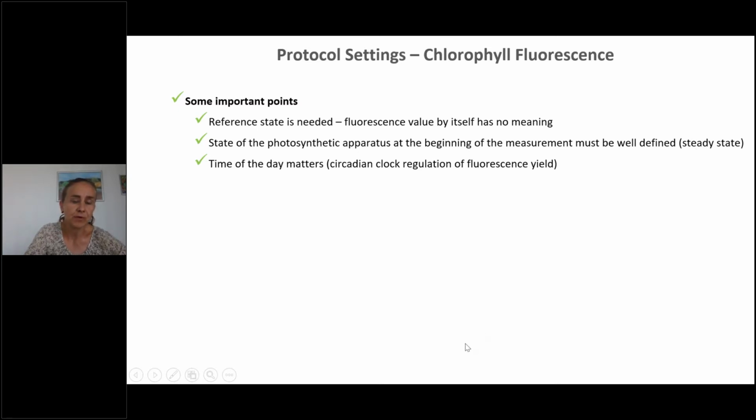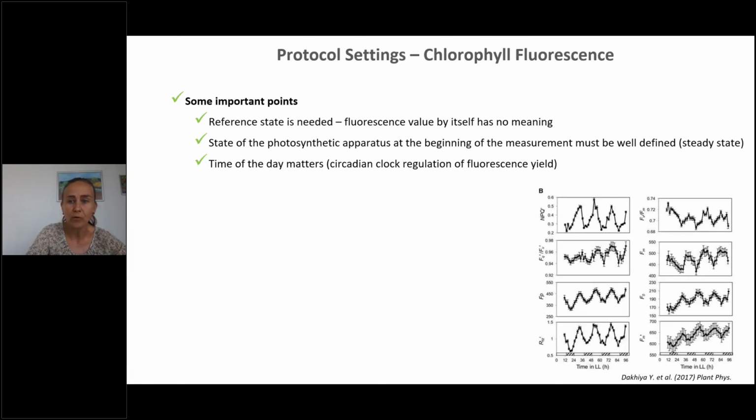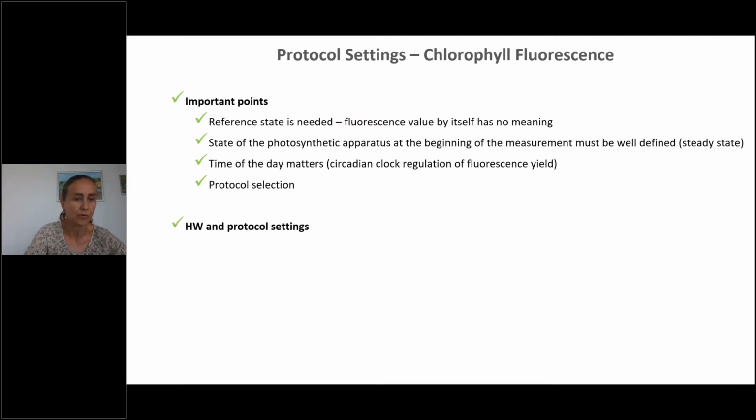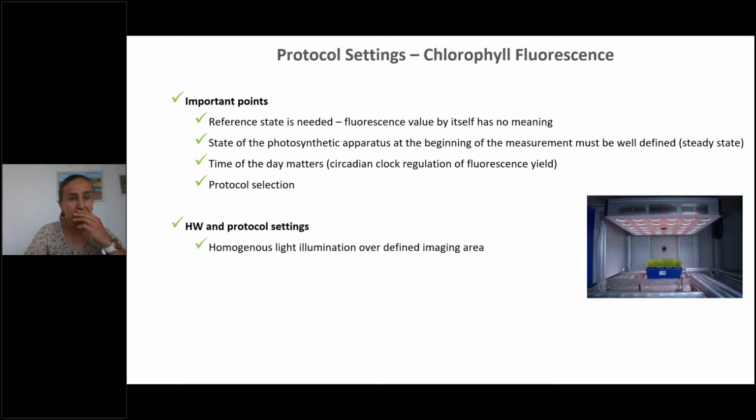I want to mention that for the measurements during the day, what also matters is the time of the day, because fluorescence yield is under circadian rhythm regulation. So this is also important to mention. And then the protocol selection is the key feature that one needs to define and decide what type of protocol should be measured, and what type of parameters finally the user can obtain.